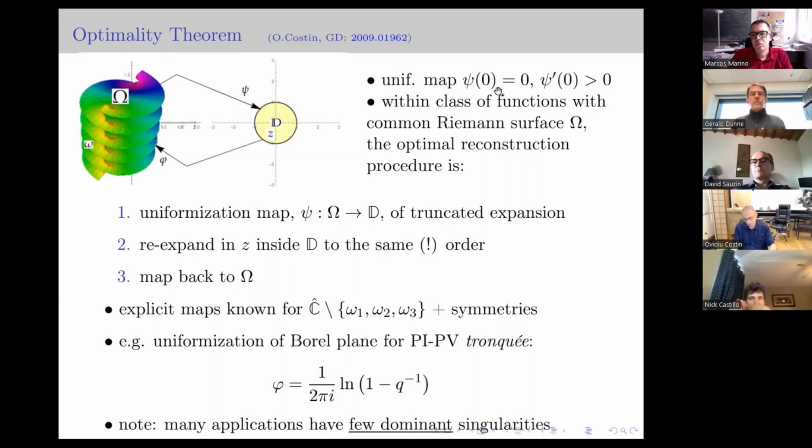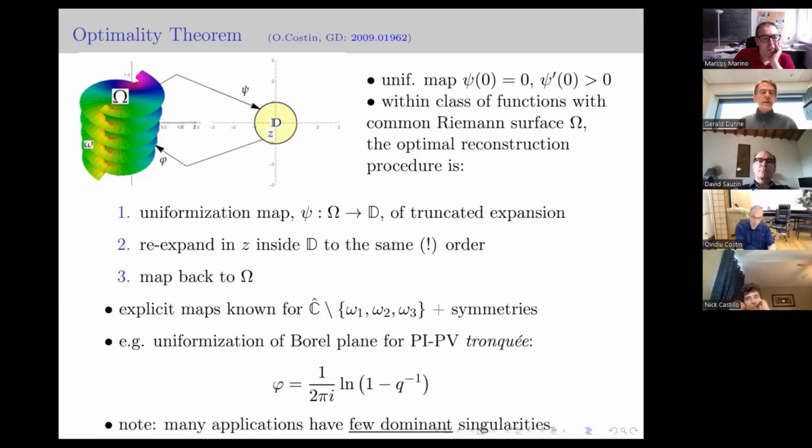And then the question is, within a generic class of functions on this Riemann surface, this is the optimal thing you can do. Take your original expansion, apply the uniformizing map into the unit disk. Remember, it's normalized so that 0 maps to 0. It really is just a question of normalization.